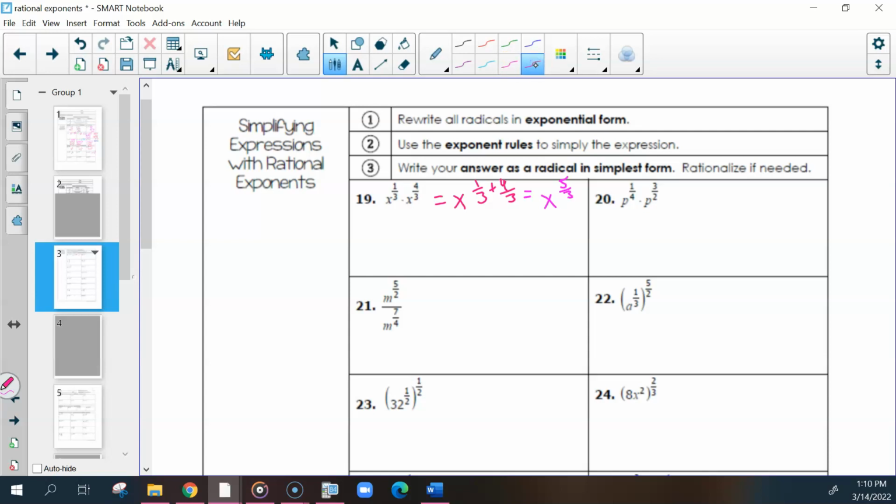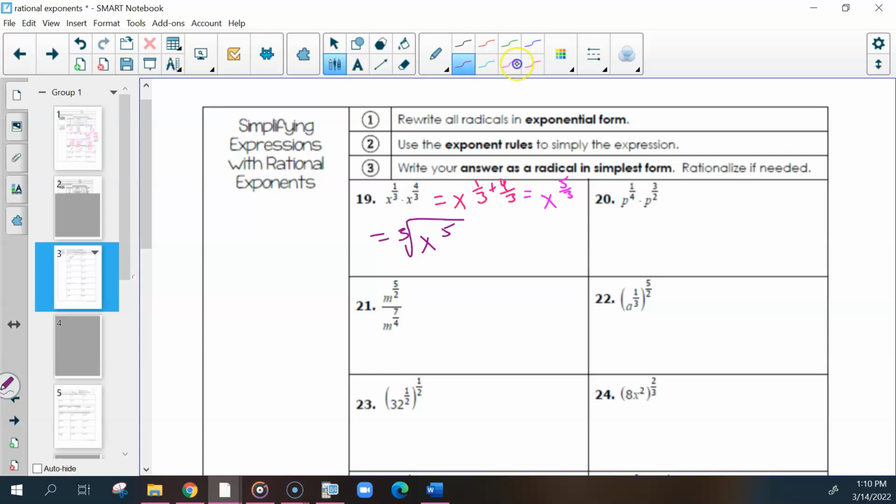Now that this is just one simplified exponent, now we can write this as a radical. So this would be the third root of x to the 5th. Hopefully you're with me so far.